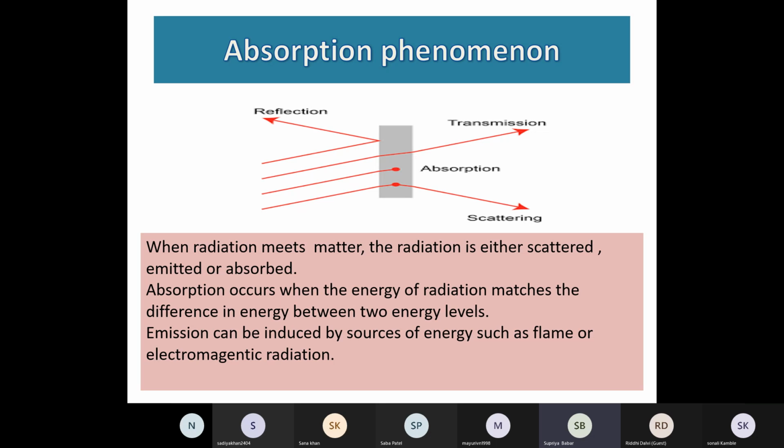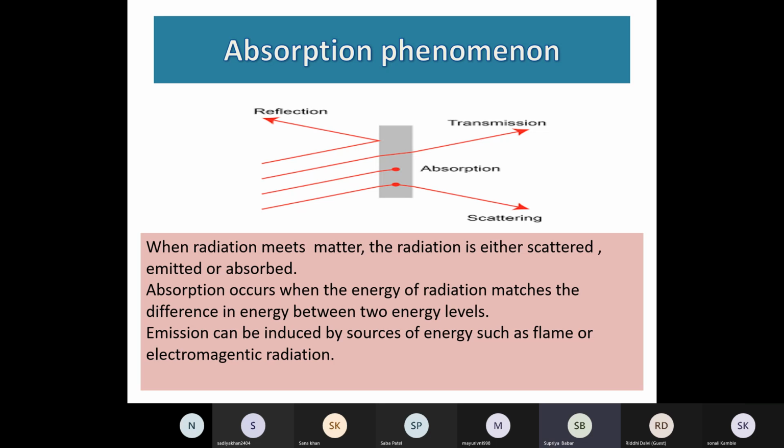Ultimately this absorption process is related to the molecular structure. Once the molecules absorb that energy, it can cause different changes in the molecules.